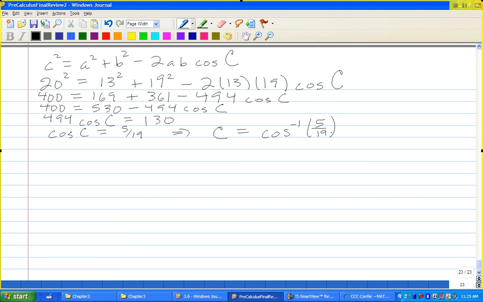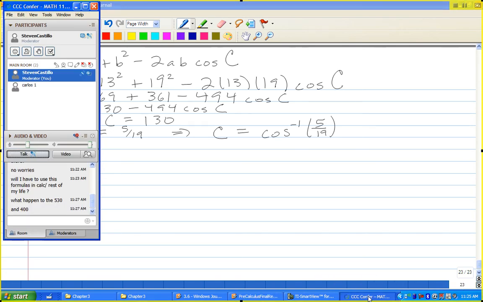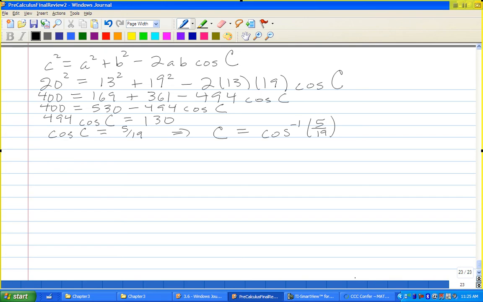Hmm. Oh, I subtracted 400 from both sides. I just brought the 494 cosine. So I subtracted 530 from both sides and then changed the sign. So 400 minus the 530 gave you the 130.